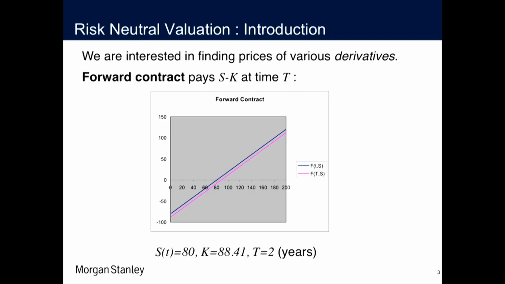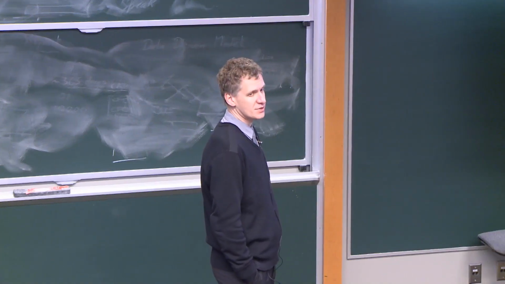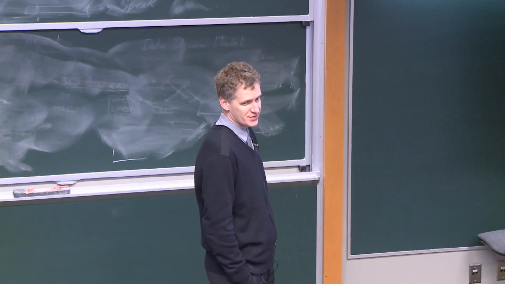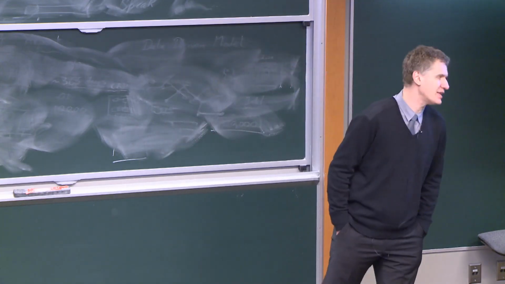If our stock price is 80, our strike is 88.41, and the expiry is in 2 years. Approximately 2.5. So in 2 years it will be 5%. Roughly speaking, without compounding, it should be 5% of 80 plus 5%. It would be 84. A little more than 10%. So 10% for 2 years, so the interest rate is 5%, yeah.